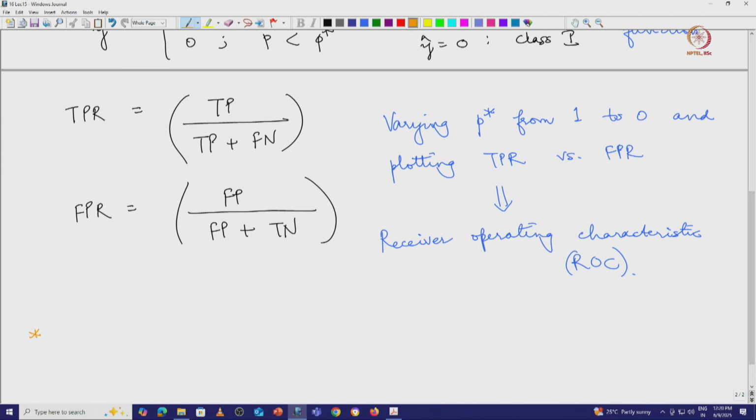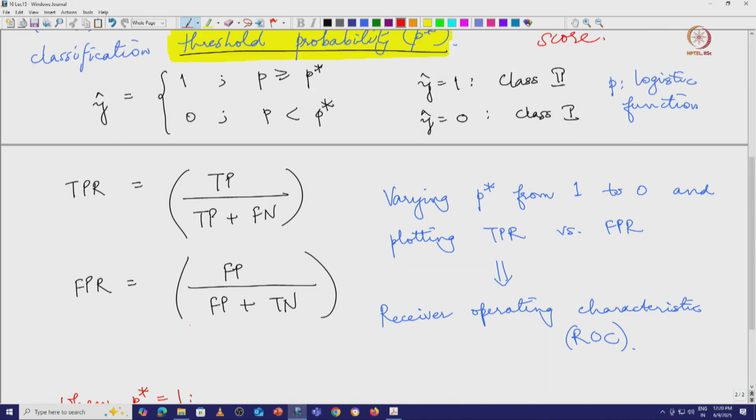So when your p star equals 1, this particular threshold probability is too high. Remember this particular formulation: your predicted probability has to be greater than or equal to p star for us to assign y hat equal to 1.